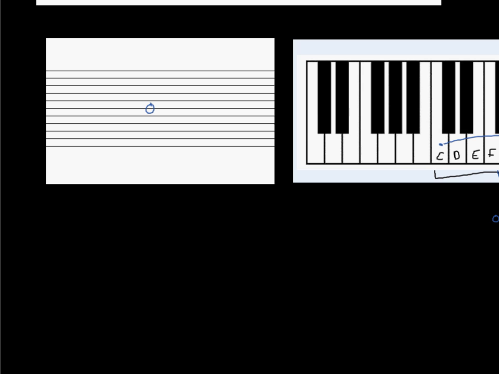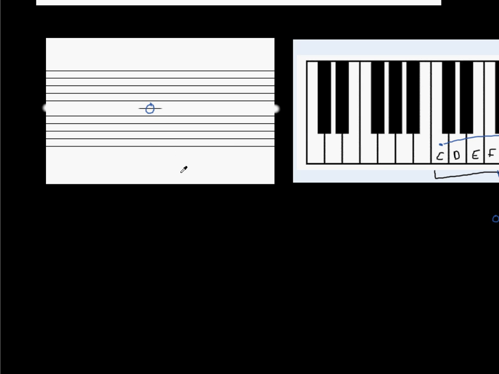Now, what if I get the eraser, and I just erase this line here, and I also erase this line here. Does that look familiar? That may look familiar to some people if you've seen this before.